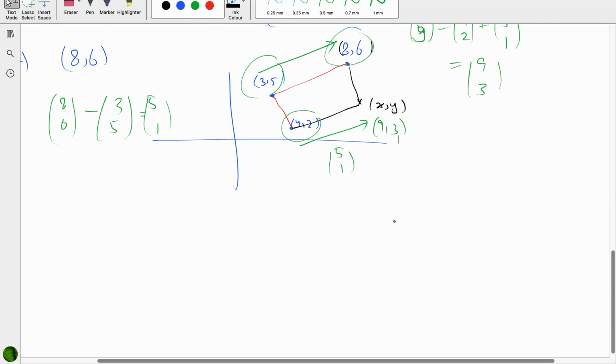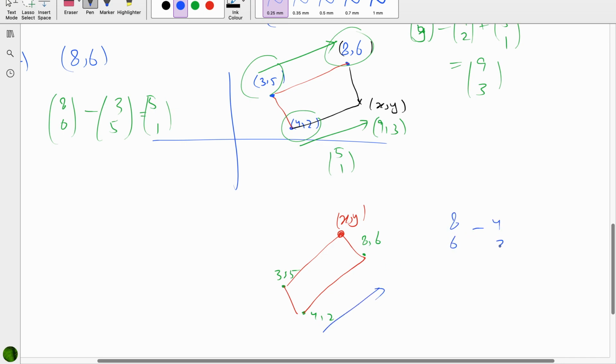The other possibility is we copy this diagram again. This is (4, 2), this is (3, 5), and this is (8, 6). The other possibility is that you consider it moving this way, that the unknown point is here. This is xy. So we first again find this vector in blue, second minus first, (8, 6) minus (4, 2).